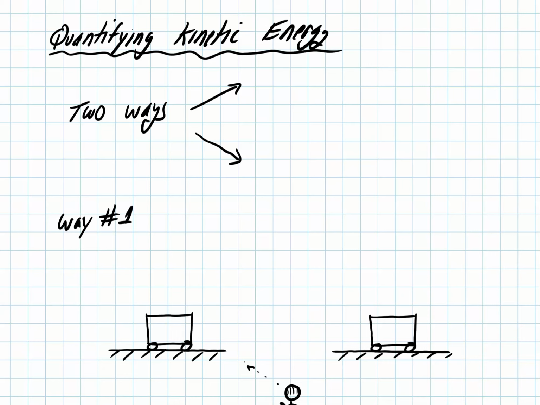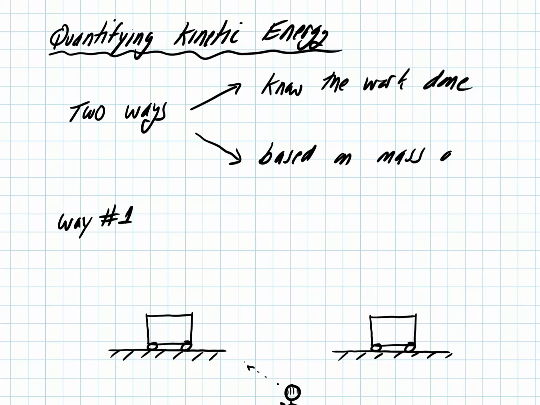The first way you're already kind of familiar with, which is basically if you know the work done to make the object move, you know the kinetic energy. The other way to know the kinetic energy of an object is based on its mass and speed.